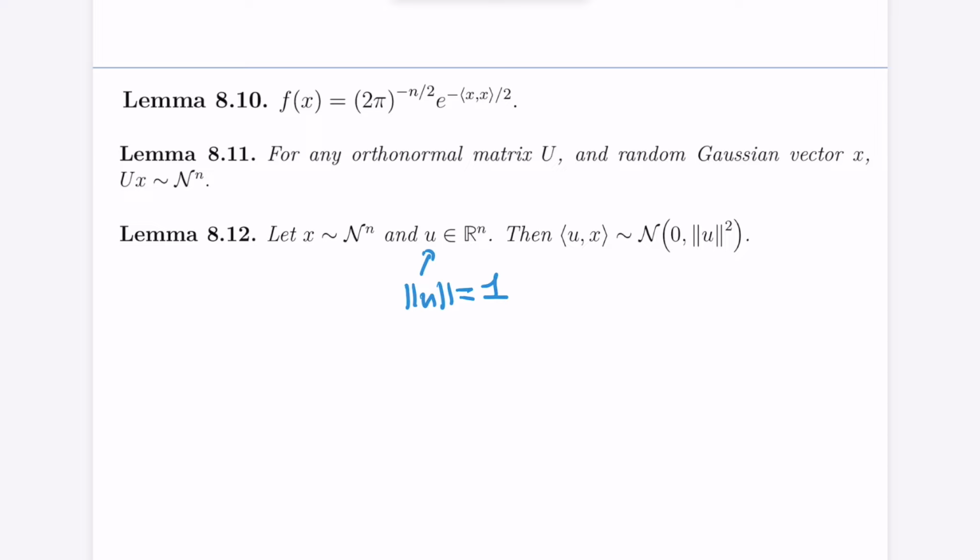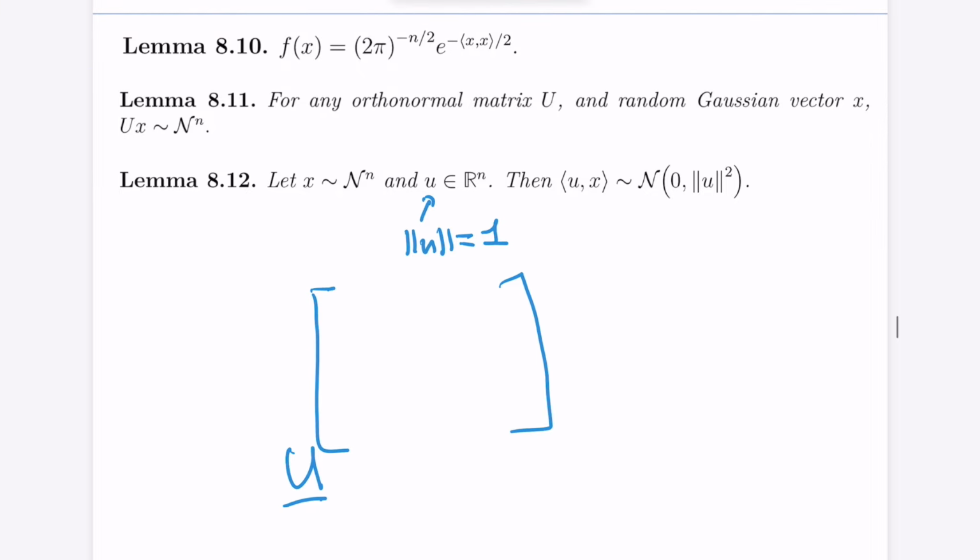Yeah. So how am I going to somehow encode my one vector into a rotation? You can make a bigger matrix U, where the first row is the given vector, and you just extend it to an orthonormal basis.